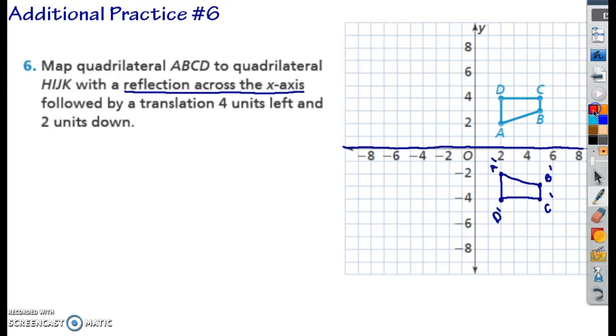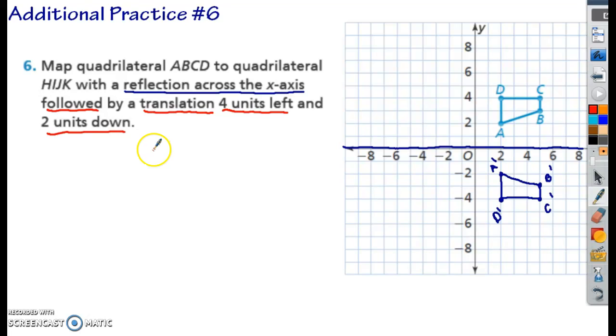But I'm not done. It says followed by a translation, 4 units left and 2 units down. So remember, it's going to look just like this one in terms of orientation, but it's just going to be slid somewhere. So I'll start with A. This time, when I'm done, I'm going to name them.